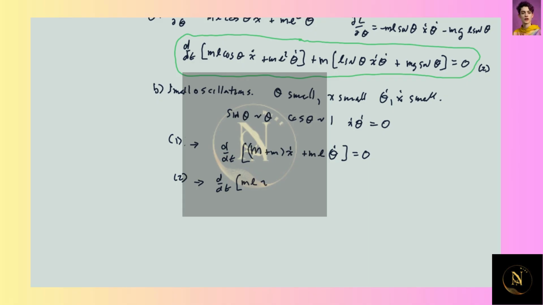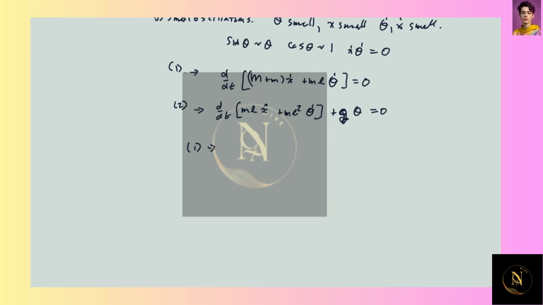And equation 2, and that should have an ML out in front too on that G term.